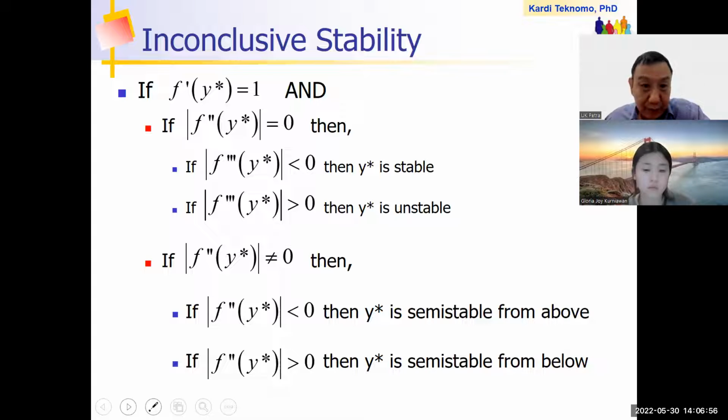So the second derivative is zero or non-zero, and if zero, you need to check the third derivative. If the second derivative is not zero, then you know it's semi-stable, either from above or from below.